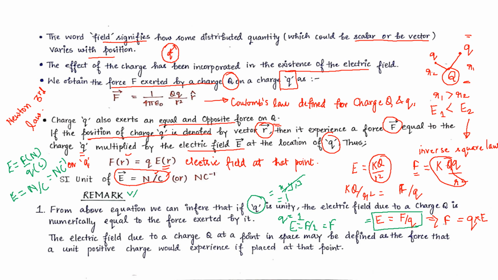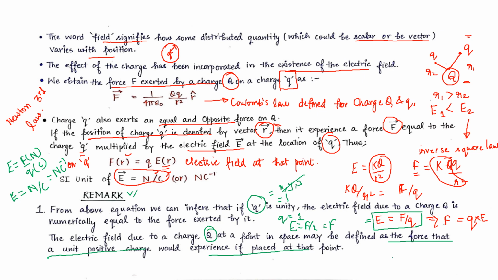Now, the electric field due to the charge capital Q at a point in space may be defined as the force that a unit positive charge would experience if placed at that point.